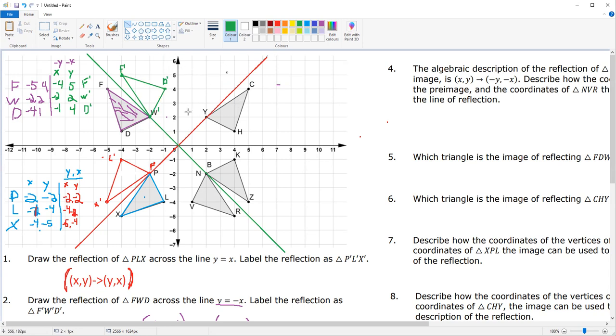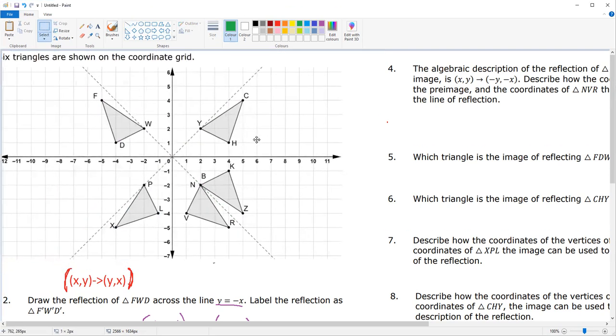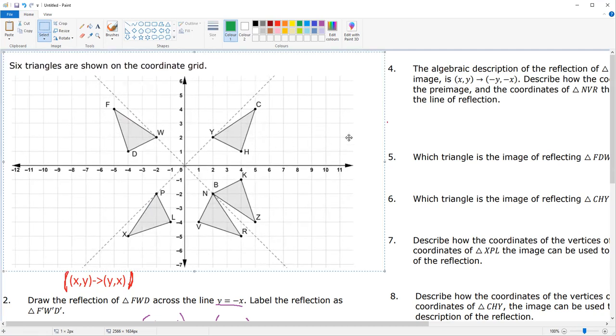I'll clear it. It's the easiest way. I'll just copy and paste over it. Yeah, that's the best way to do it. What's the best way I could show this?